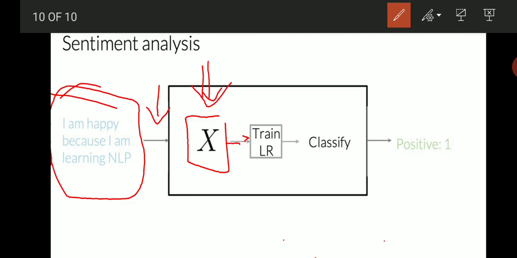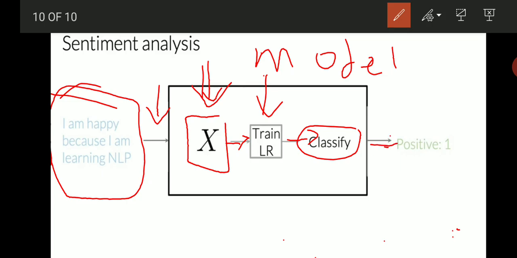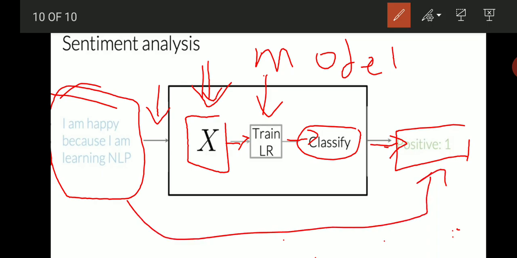Then you enter it into the training or the model we talked about. Then it will classify it as positive in this case because it's a positive review. Okay, and that's it. You just input some sentence and the logistic regression model will handle it to give you the right review for it.